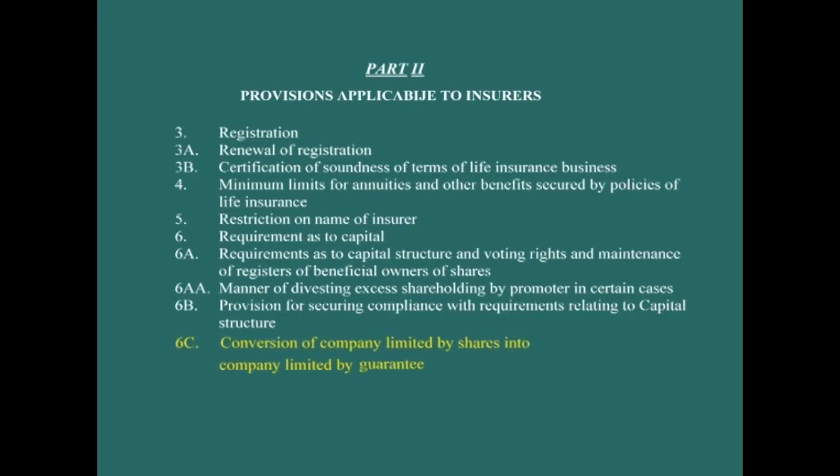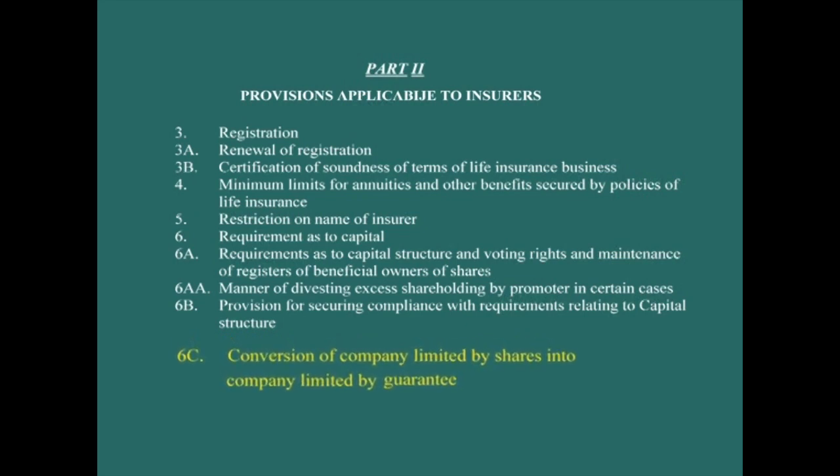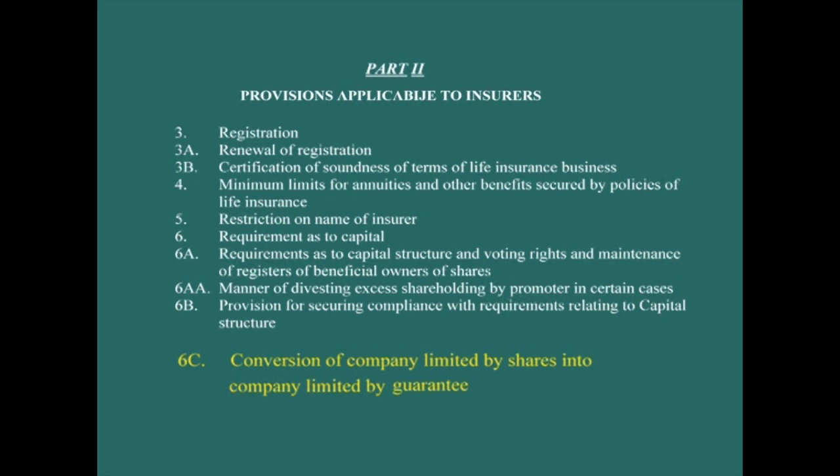The banking company is permitted to hold 2% more than the investor company, that is 7% of the share capital, with the permission of the central government. The company should maintain the register of the members and shares held by each one of them. Section 6C permits the conversion of a company limited by shares into a company limited by guarantee.